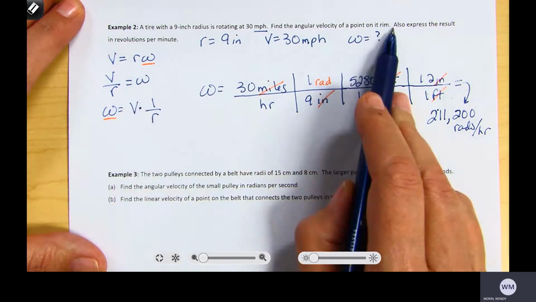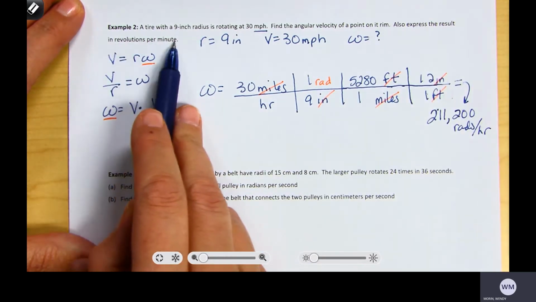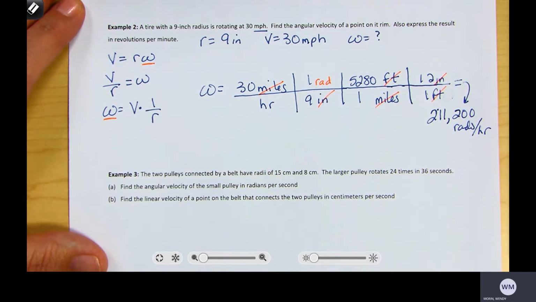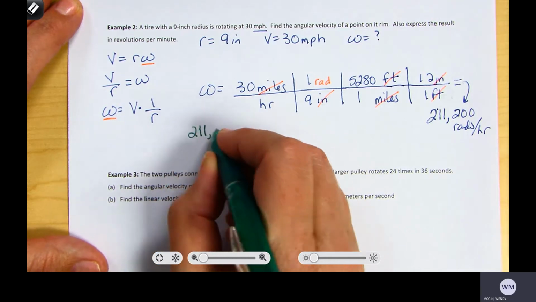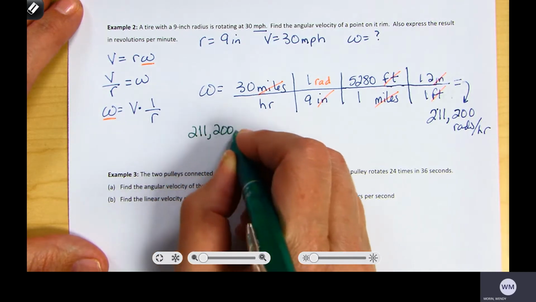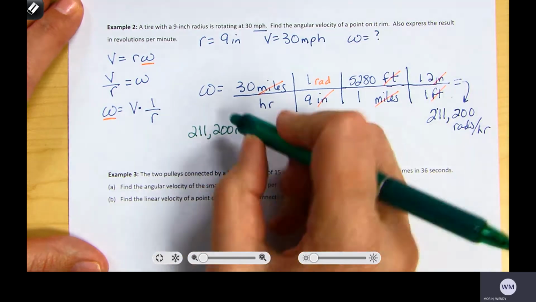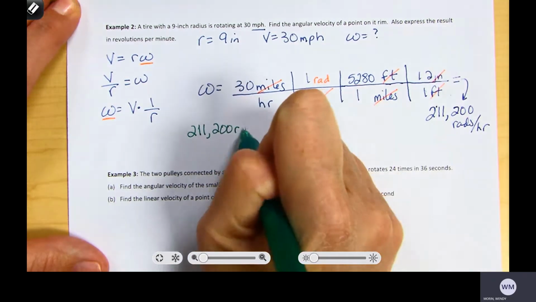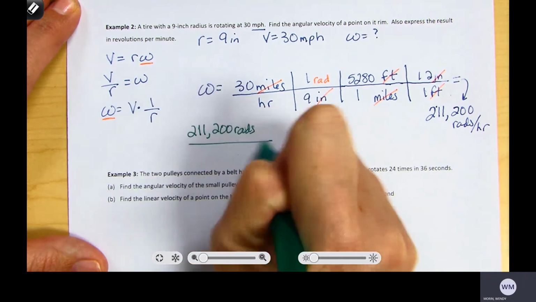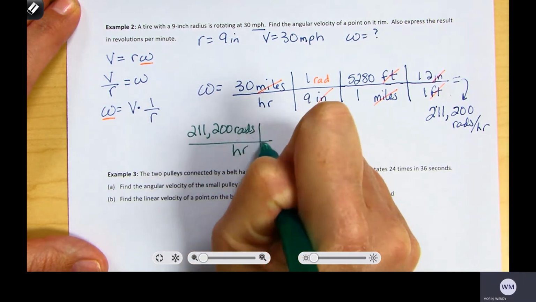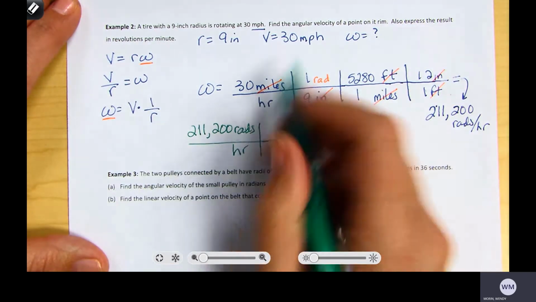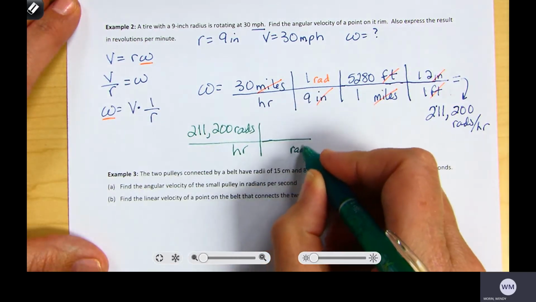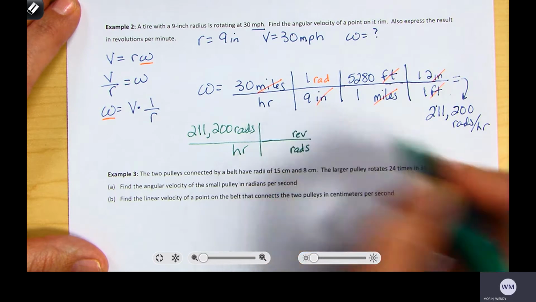It says express the result in revolutions per minute. Maybe that'll make a little bit more sense to us. So again, let's do a dimensional analysis. If I have 211,200 radians per hour, they want me to convert it to revolutions per minute. So I need my radians to cancel, and I want revolutions.